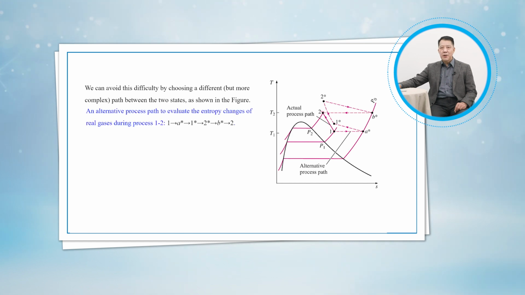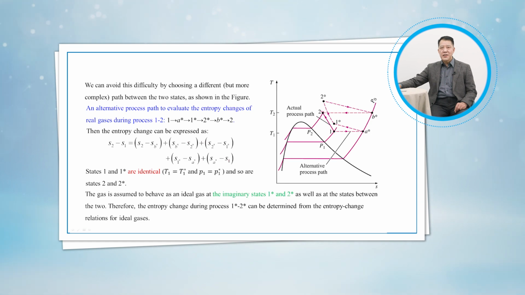An alternative process path to evaluate the entropy changes of real gases during process 1 to 2 is this path: 1 to A*, to 1*, to 2*, to B*, and to 2, as shown in the figure.